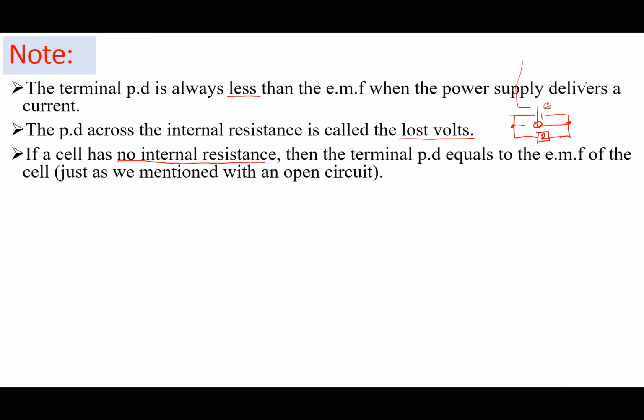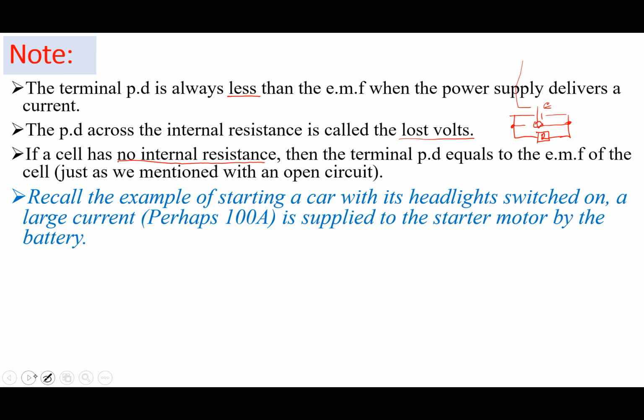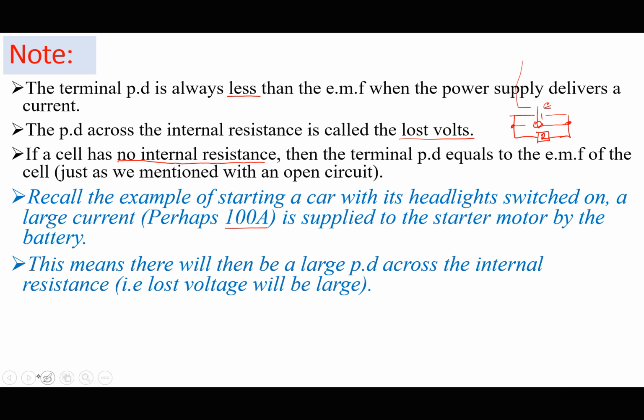You recall the example I started with in this lesson of starting a car with its headlights switched on. When the headlights are switched on, a large current, which is approximately 100 amperes, is supplied to the starter motor by the battery. But this means there will be a large PD across the internal resistance.